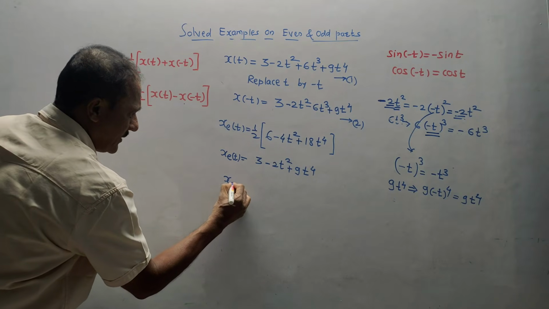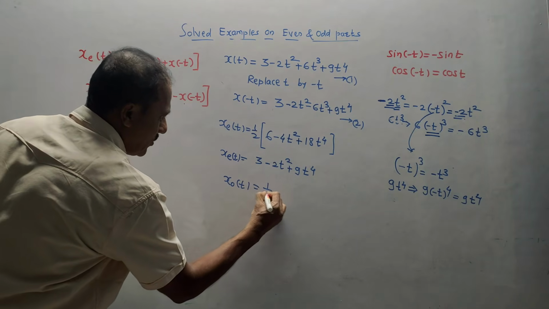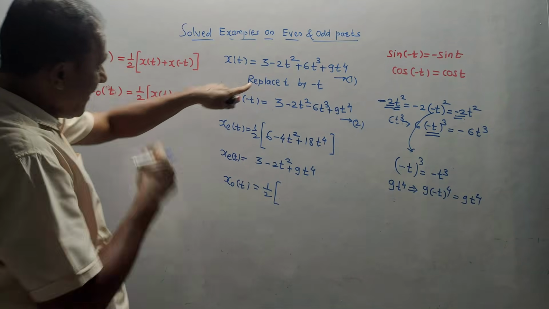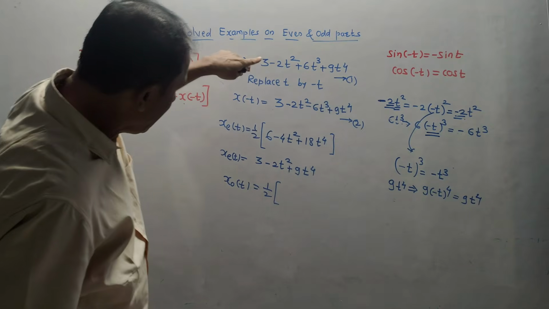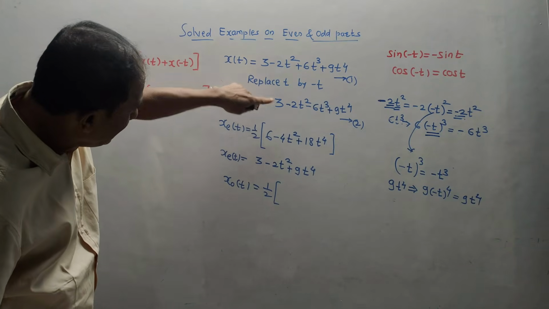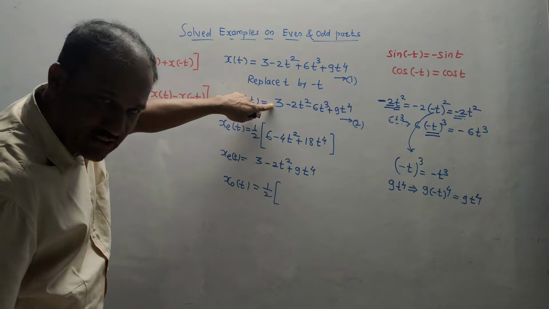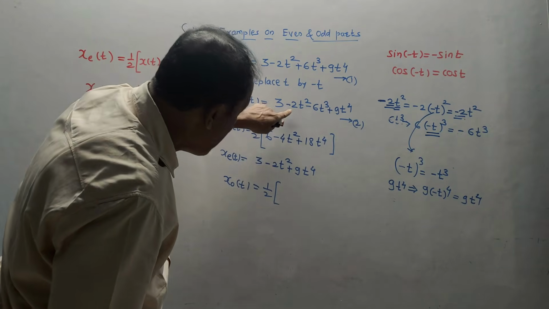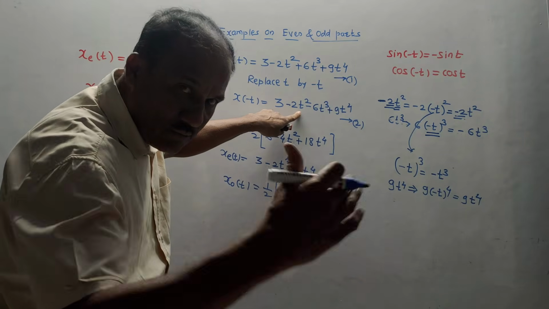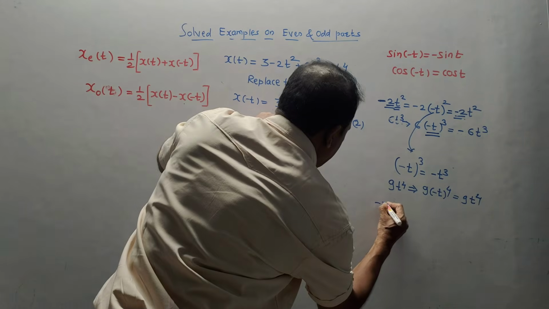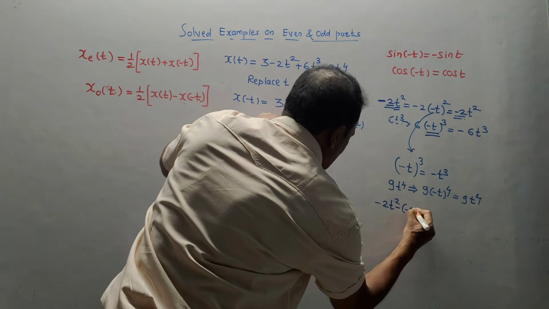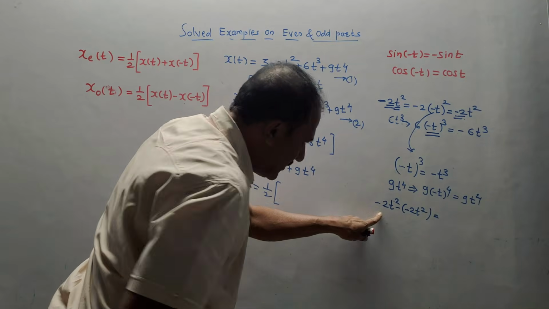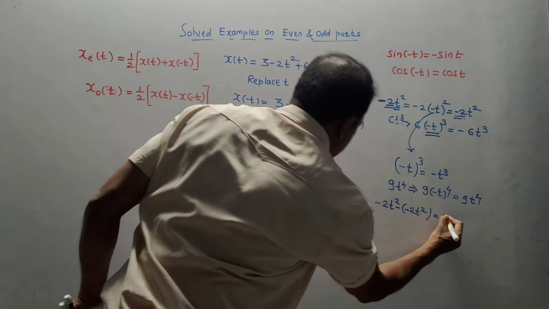How to do it? x odd of t is equal to, I am using the second formula, 1/2 times x of t minus x of minus t. So I have to subtract equation 2 from equation 1 term wise. The first term is 3, the first term of the second equation is 3, 3 minus 3 becomes 0. Next is minus 2t square minus of minus 2t square. Minus of minus becomes plus, so it is minus 2t square plus 2t square, which becomes 0.